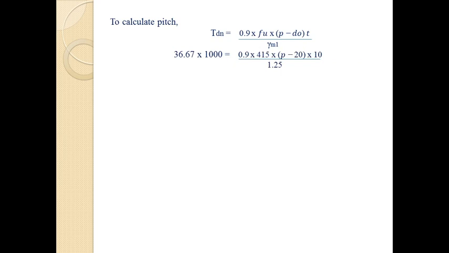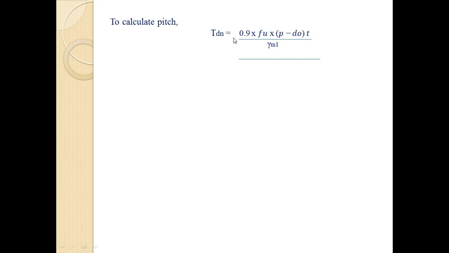Now here we can calculate the pitch using the formula Tdn is equal to 0.9 into fu into p minus d0 into t divided by gamma m1, where fu is the ultimate strength of plate, p is the pitch distance which we have to calculate, d0 is the diameter of bolt hole, and t is the thickness of plate.